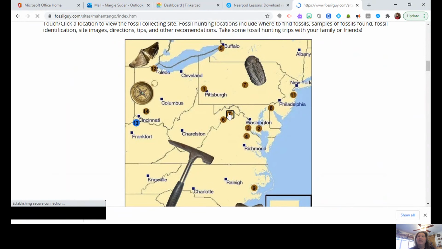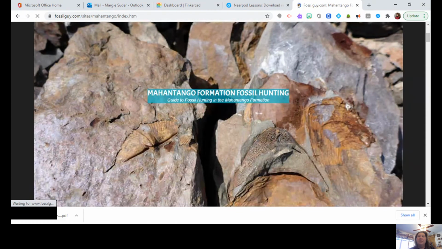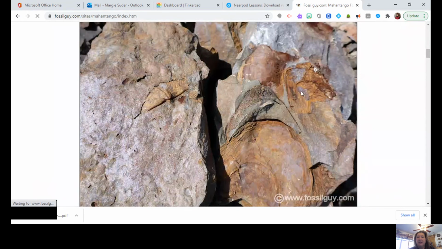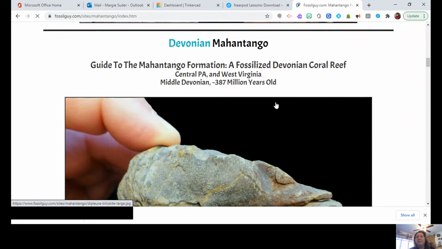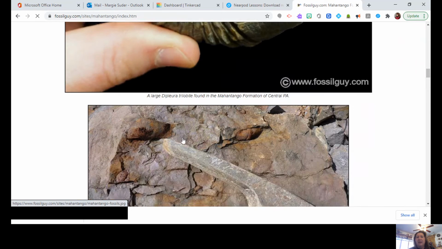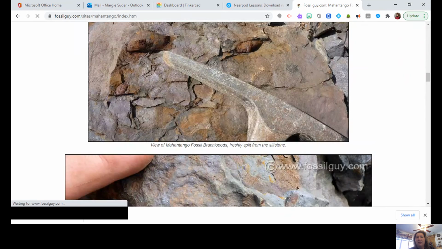And if you click on 7, this is going to take you to the other site. It's called the Mahantango Formation Fossil Hunting. Here you can see some of the fossils that are actually in the rocks themselves. Here's fossils that were gathered from there. This is a shell, you can see. Here are more fossils. Here's another fossil.